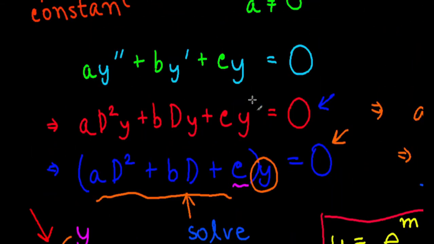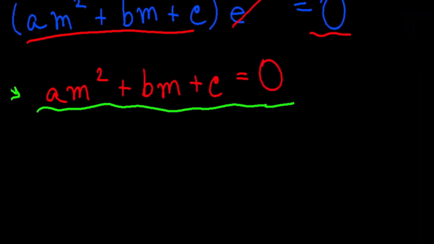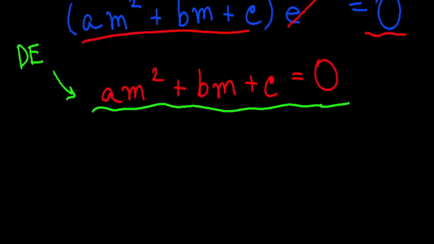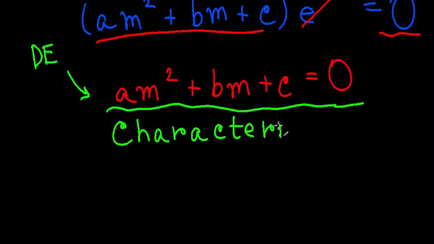Everything is now on the shoulders of this one quadratic, and because this quadratic is so important, we give it a very heavy name. It's called the characteristic equation of our differential equation. That second order linear homogeneous differential equation with constant coefficients, it's really becoming tiring saying that over and over again. But this quadratic right here is called the characteristic equation of that differential equation.